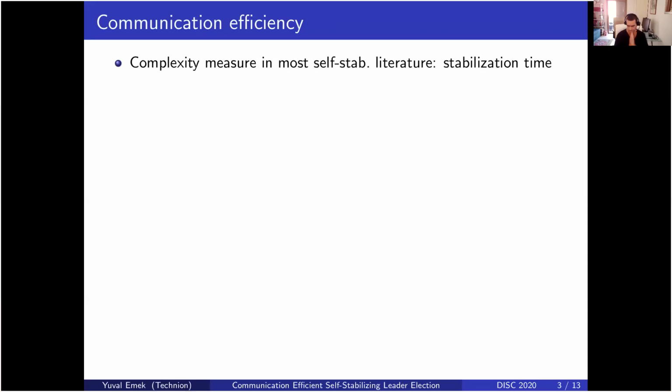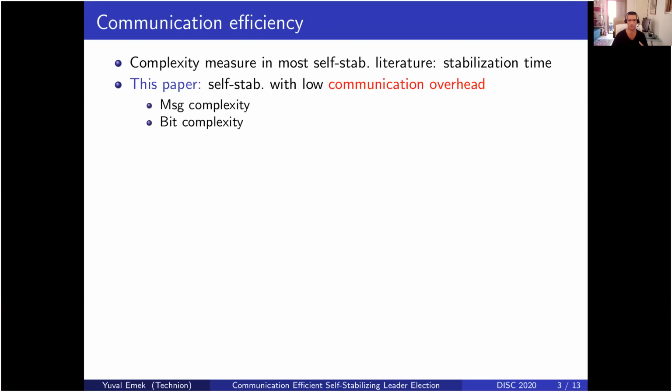Now, in most self-stabilization literature, the complexity measure that people consider is the stabilization time. In this paper, however, we focus on the communication overhead of the self-stabilizing algorithm. In particular, we care about the message complexity and the bit complexity of the algorithm.